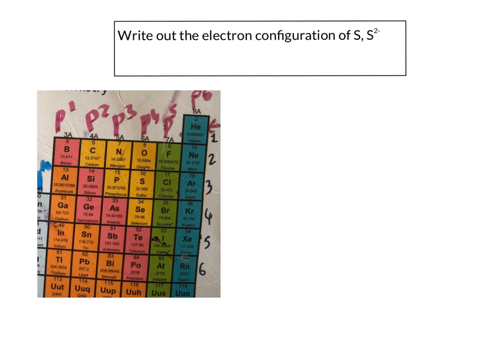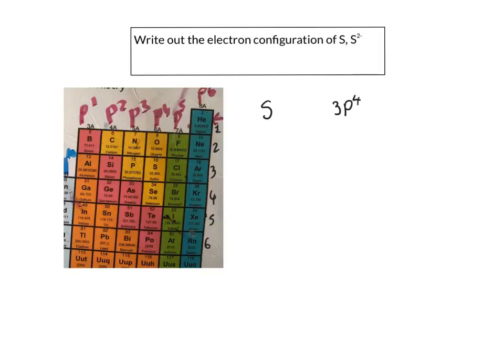So we know that the sulfur atom is going to end in 3p4. The nearest noble gas to sulfur, if we move all the way back, is neon. So put that in square brackets, and neon has 10 electrons, so it's going to be neon, and we need to get to 16, and therefore that must be 3s2.